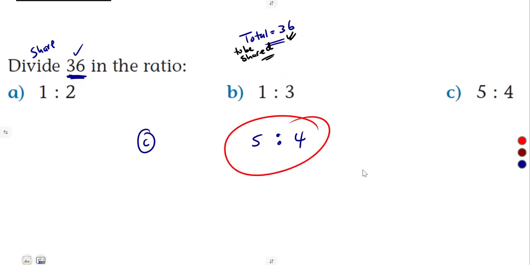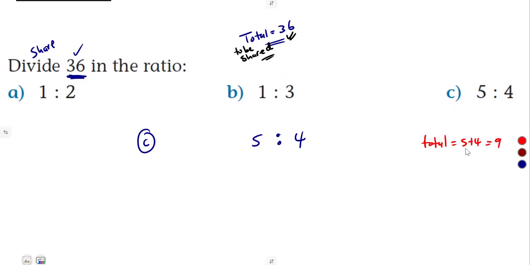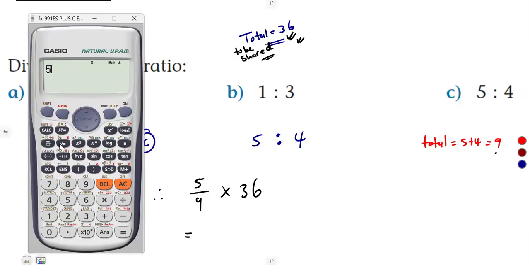The total in terms of the ratio is going to be 5 plus 4, which is 9. So the one with a share of 5 is going to be 5 over the total ratio, 5 over 9 times what they are sharing, 36.